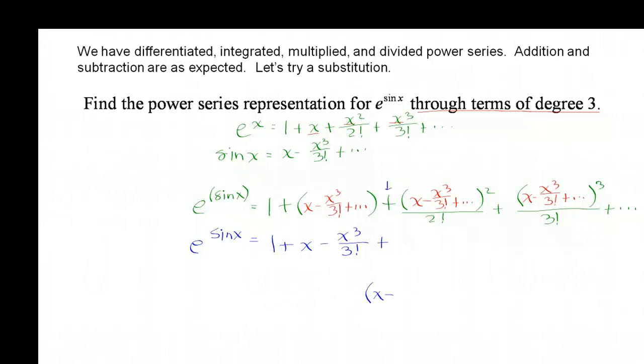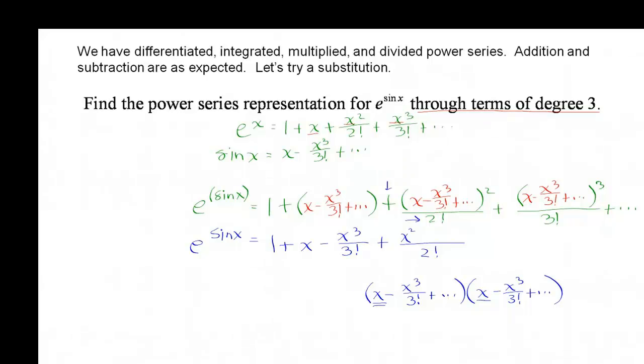Now, what we have there is something that has been squared. So we're going to have to multiply those two terms together. And when we're done, that result will be over 2 factorial. That's me copying down that 2 factorial. All right, so let's FOIL things out. That's going to be x squared.